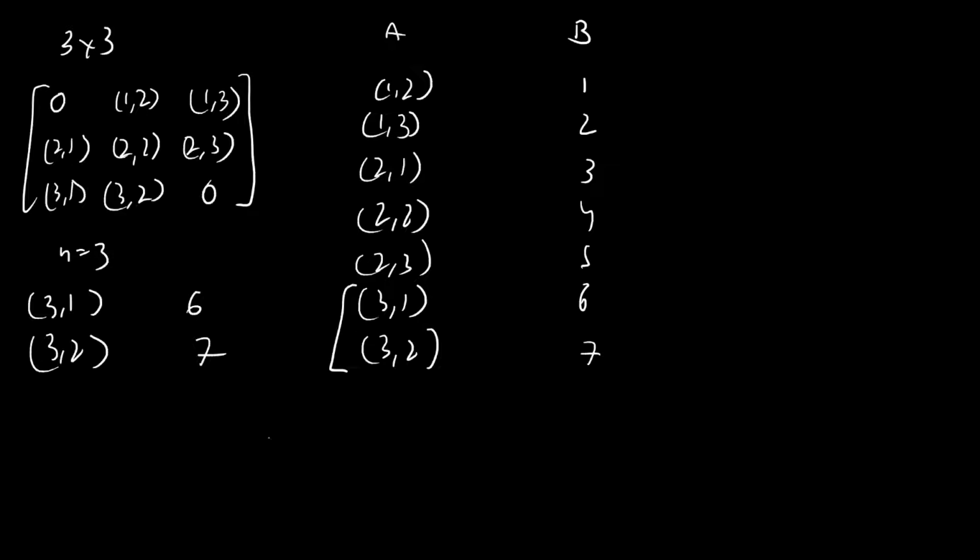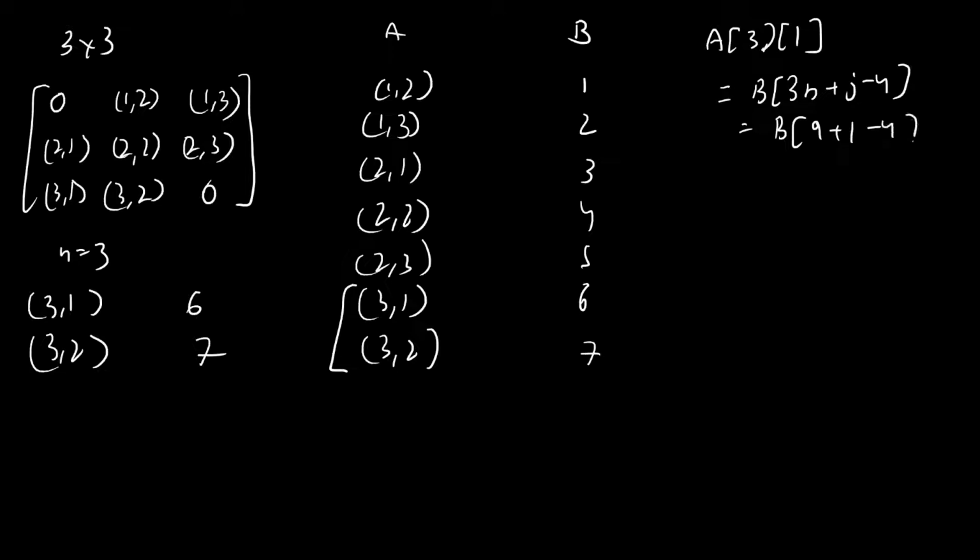So for A3, 3 cross 3 matrix, A31 equals B, 3n plus j minus 4 equals B. 3 times 3 is 9, j is 1, minus 4 equals B. 10 minus 4, that is equal to 6. So yeah, A31 is stored at 6. We are correct on this formula.